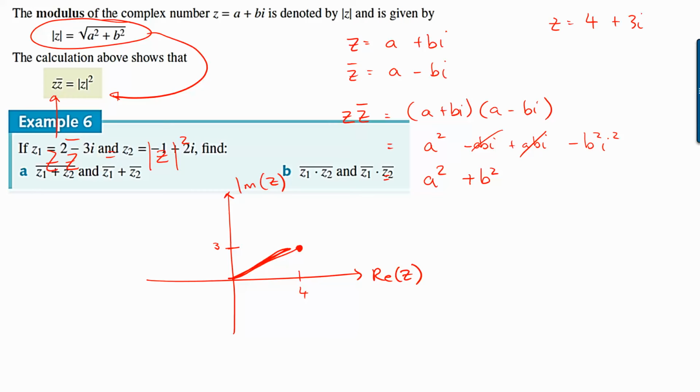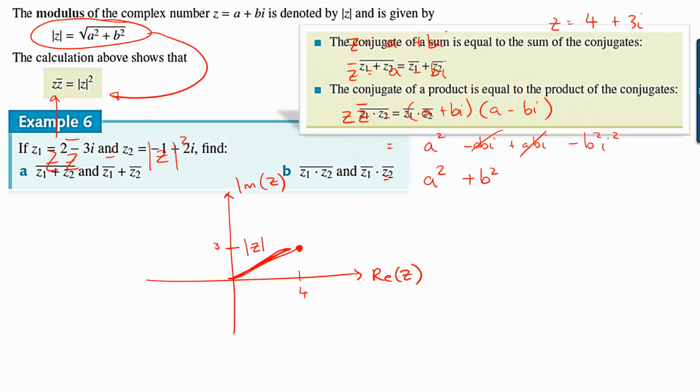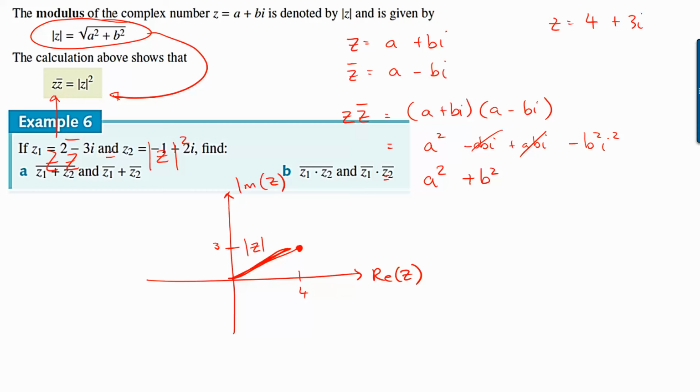And this ends up being a circle, because if you think about it, this distance will be the same all around. So in order to find this distance, that's what modulus of z means. When you say mod of z, that's what you're actually finding. And z times the conjugate, in fact, is equivalent to this squared.